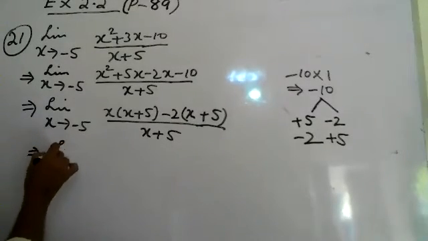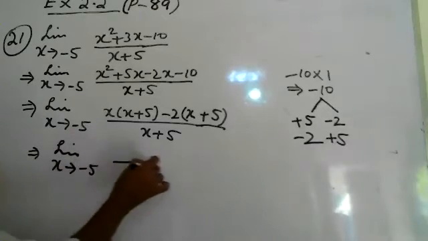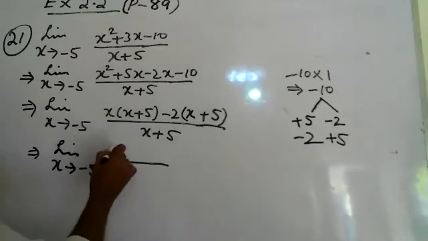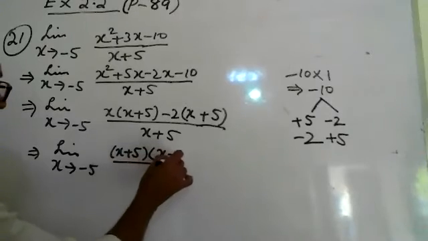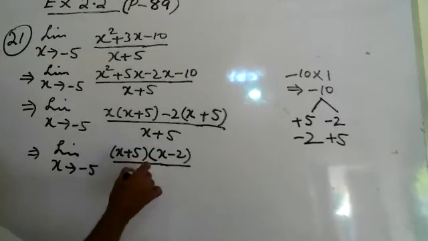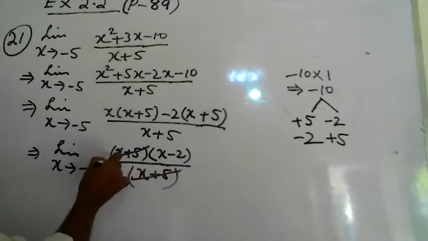It will become limit x tends to minus 5, x plus 5 is common, inside will be x minus 2 divided by x plus 5. Now x plus 5 is cancelled by x plus 5.